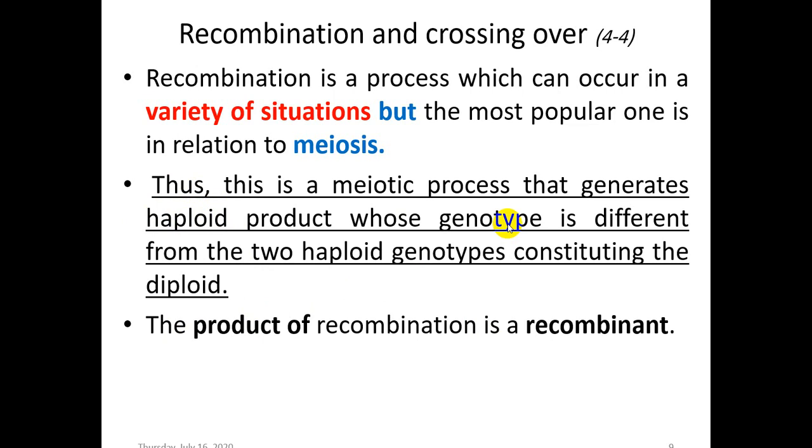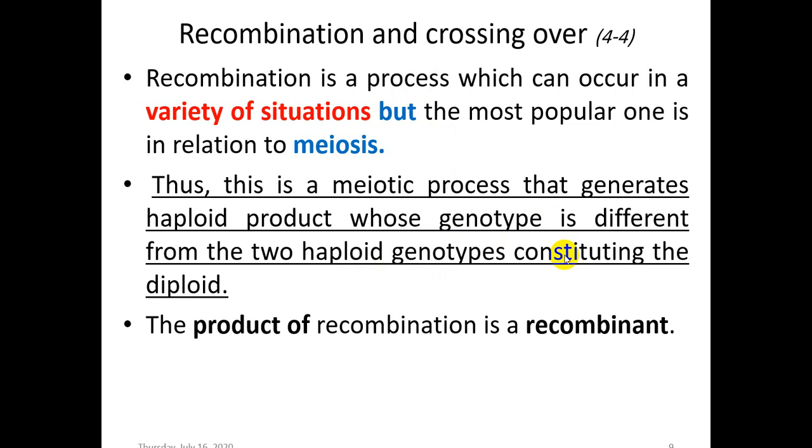Why is the genotype different? Because it got a segment from another chromosome, and that segment for sure contains genes, and the genes carry the information. So of these 4, 2 of them are different from the origin. They got information different from the others. So this haploid product has a genotype different from the 2 haploid genotypes constituting the diploid.